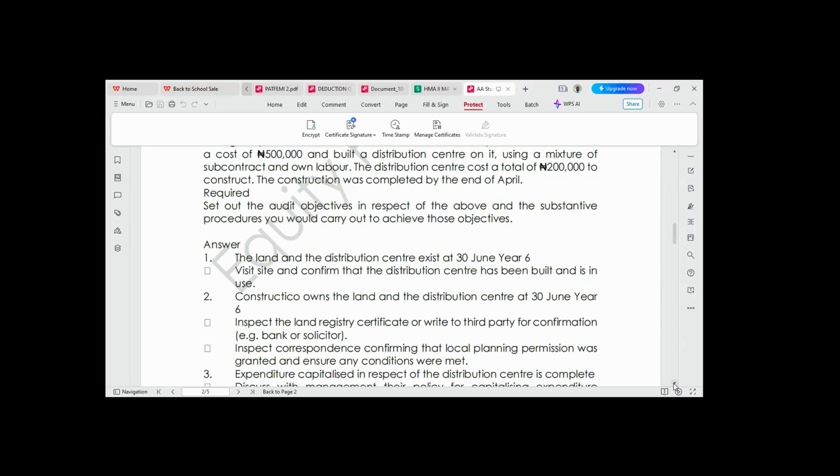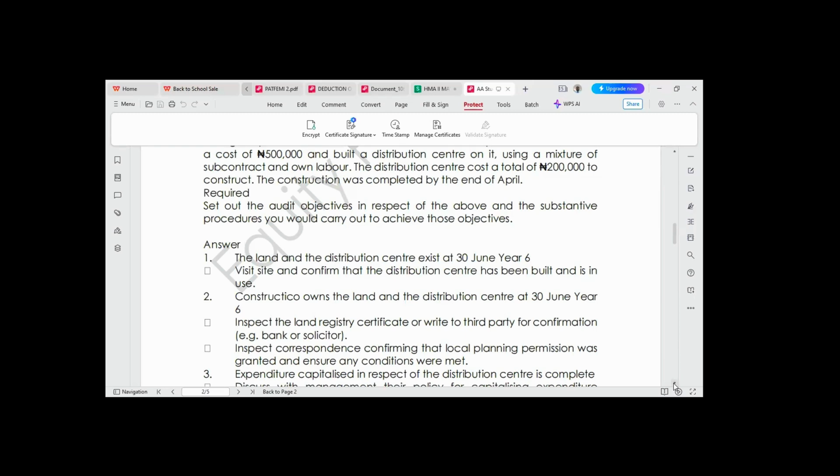But because he was connected, as we always say in Nigeria, we have somebody that is connected to somebody that is very powerful, that seal was waived, and they continued construction.